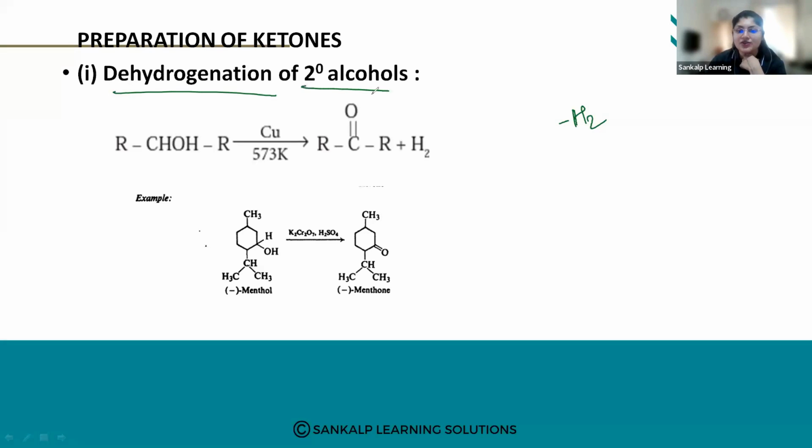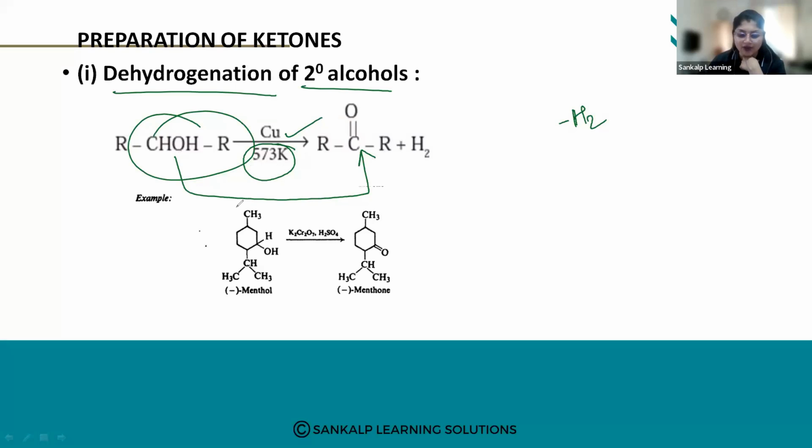So dehydrogenation of secondary alcohol. When you have a secondary alcohol and you do dehydrogenation in the presence of copper at a temperature of 573 Kelvin, the secondary alcohol is converted to ketone.